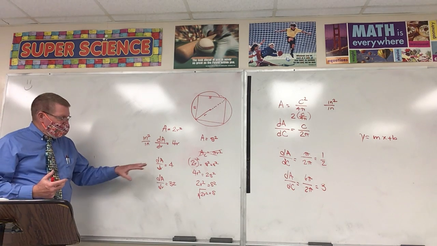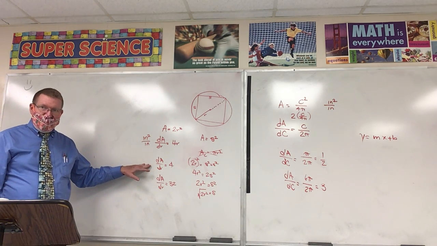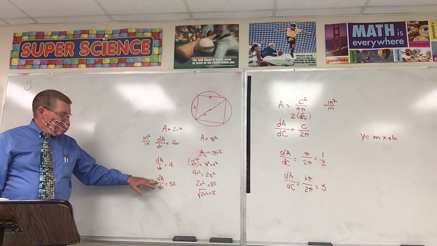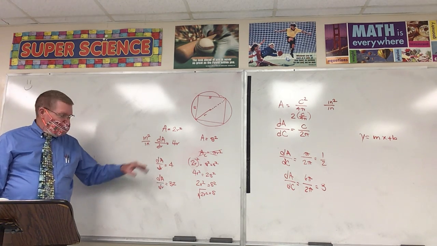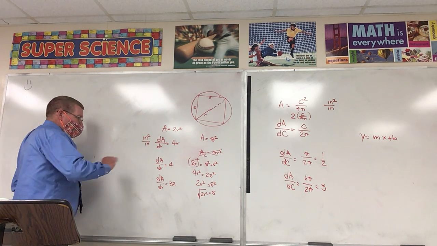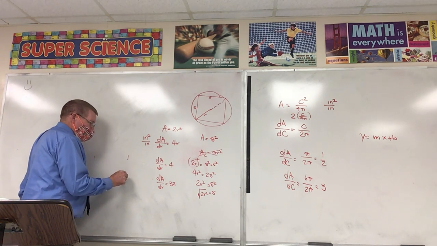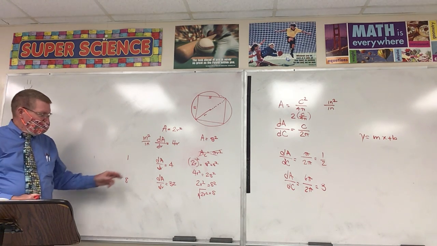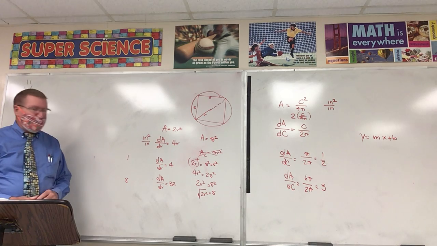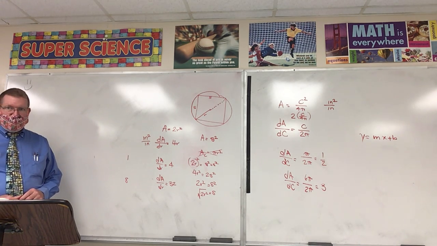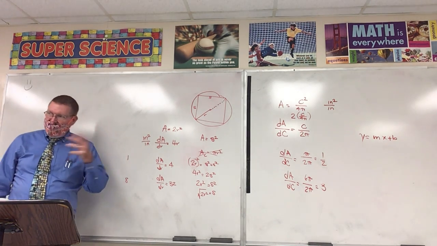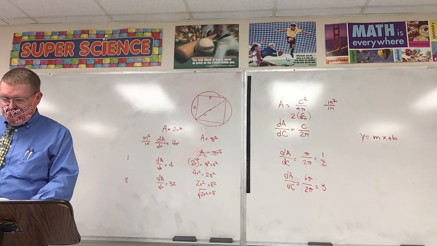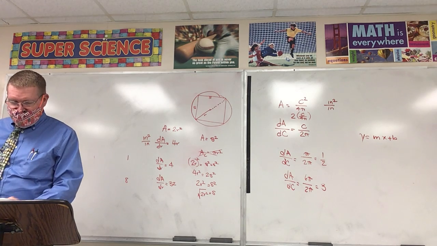So this is telling me my rate of change. But you see, as I get bigger, I went from 1 to 8 as far as my radius was, and my area went from 4 to 32. So the area is actually increasing 4 times as fast. So we're talking about instantaneous rate of change.